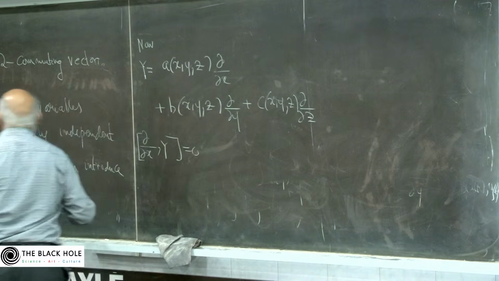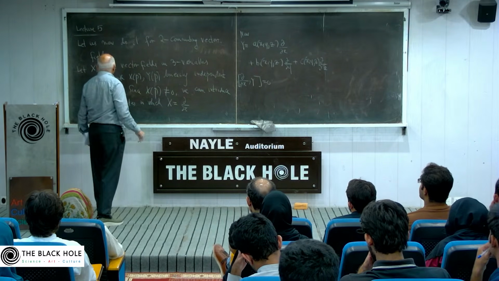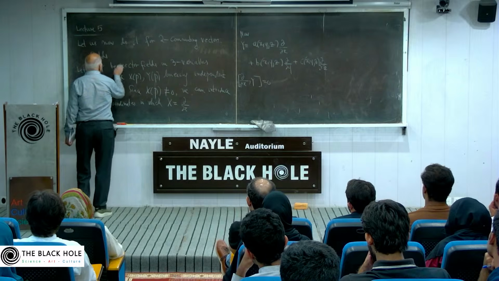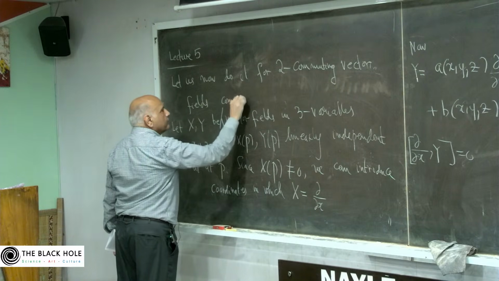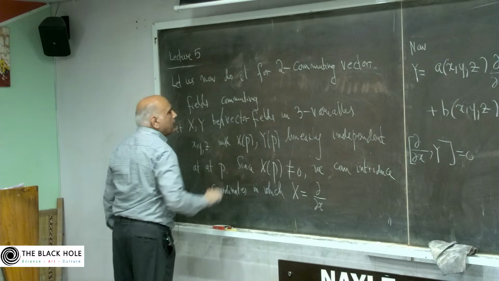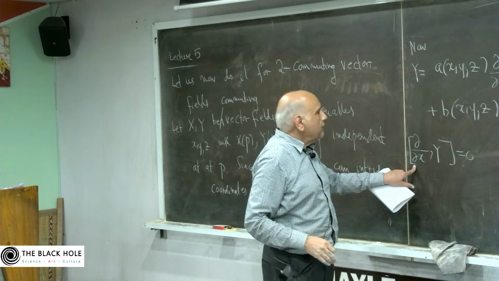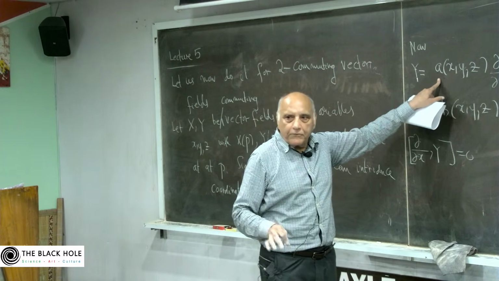Because I assumed these were commuting vector fields. So how do you compute the Lie bracket? You just differentiate, and this formula becomes very simple.